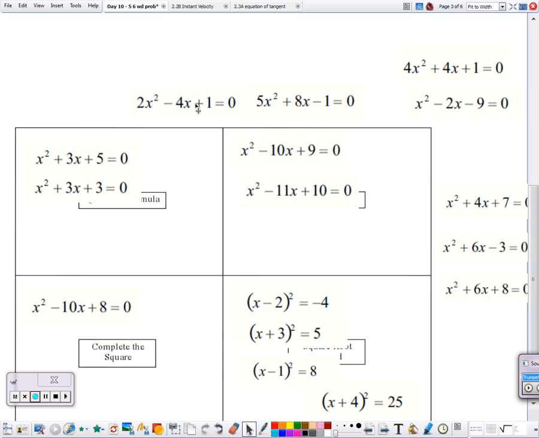Notice I'm doing all of the problems where a is 1 to start. Here, anything multiplied to 9 that adds to negative 2? No, but b is even, so that's going to be a complete the square. Anything multiplied to 7 that adds to 4? No, but b is even, so that's a complete the square.